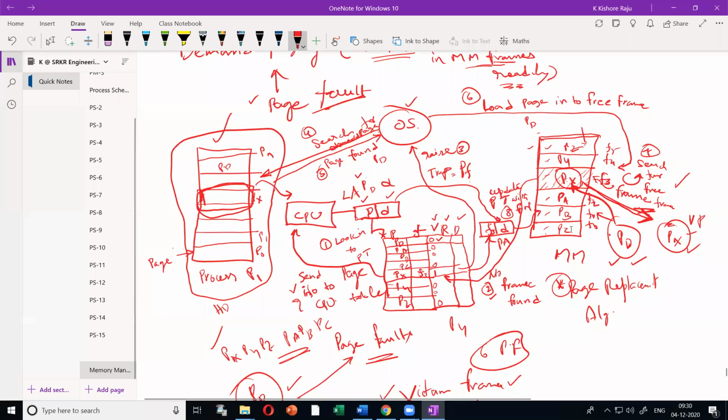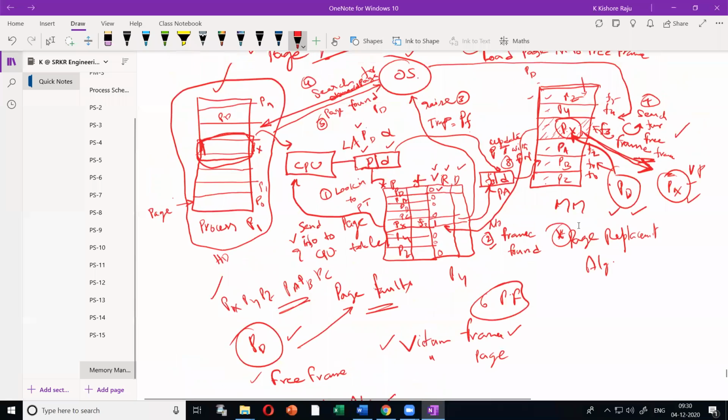I'll repeat again. The page replacement algorithm is an algorithm which will identify one of the pages as the victim page among the pages available in the main memory frames, to create the victim frame or free frame, to load the demanded page.